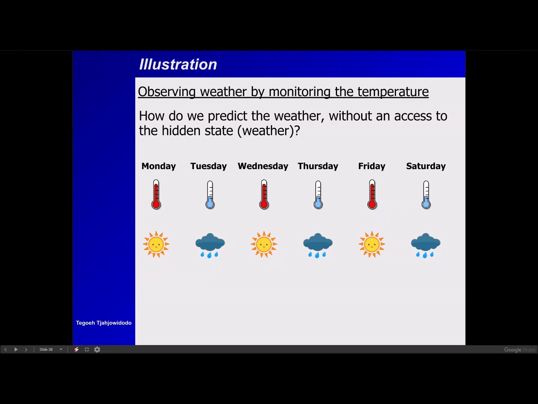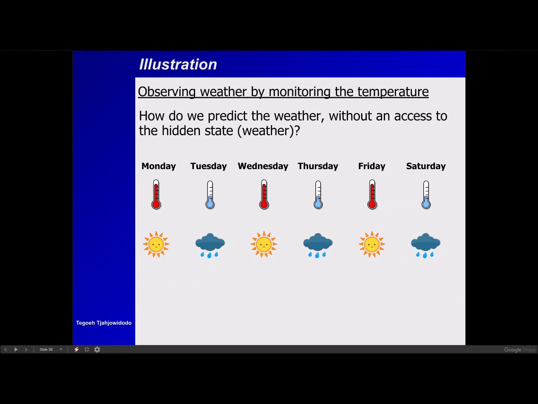Or can we say the same thing, knowing that the probability of having a warm temperature when it is sunny is higher than having cold temperature when it is sunny? As a counterpart, also the probability of having cold temperature when it is rainy is higher than the probability of having warm temperature when it is rainy.